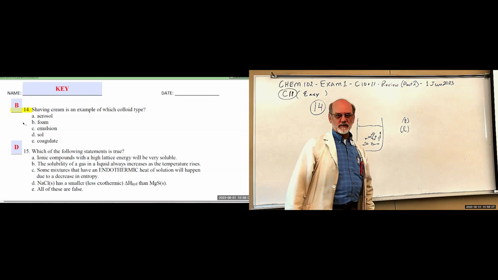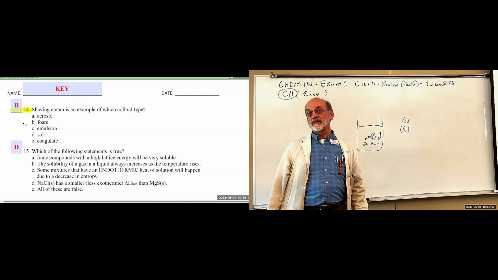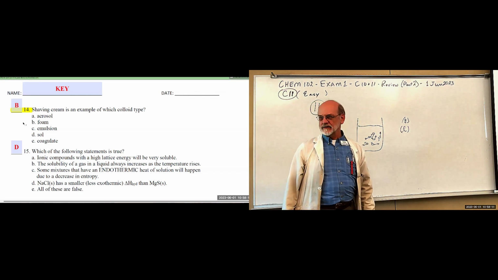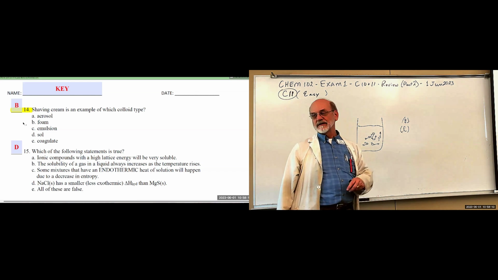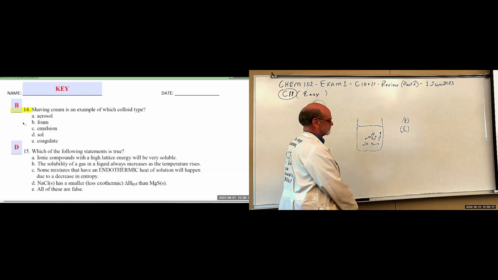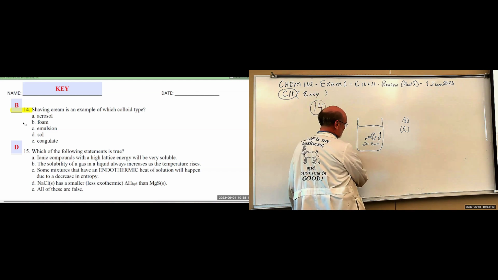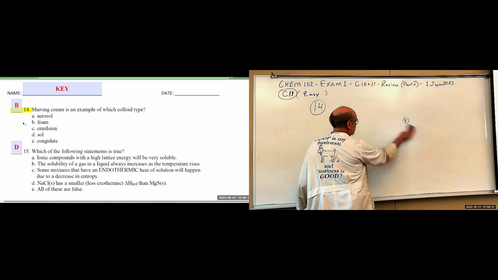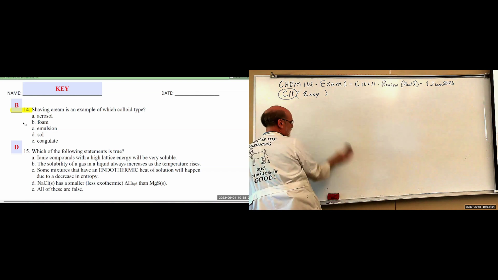That's what happens to milk when it goes sour. Bacteria make it acid, proteins coagulate and drop out. It gets kind of lumpy.